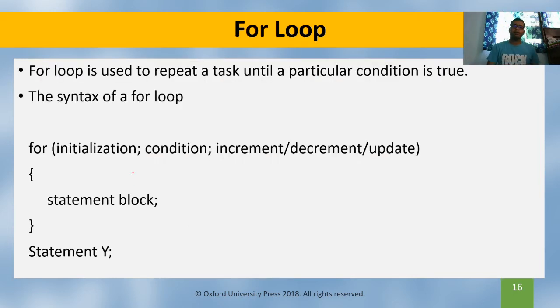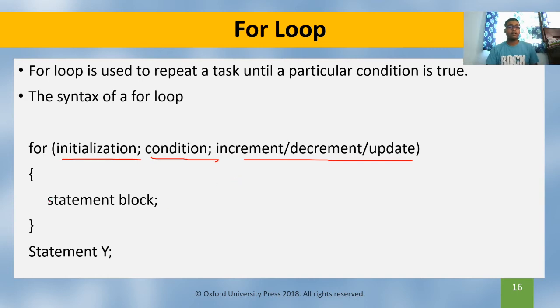Next, come to the for loop. We are very familiar with this for loop. The procedure is: the first portion is initialization, then condition, then increment, decrement, or update condition, whatever the requirement is.